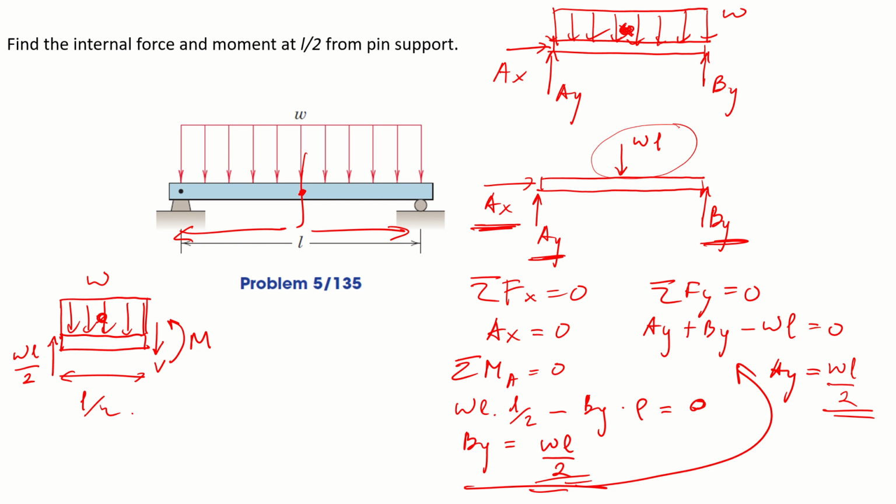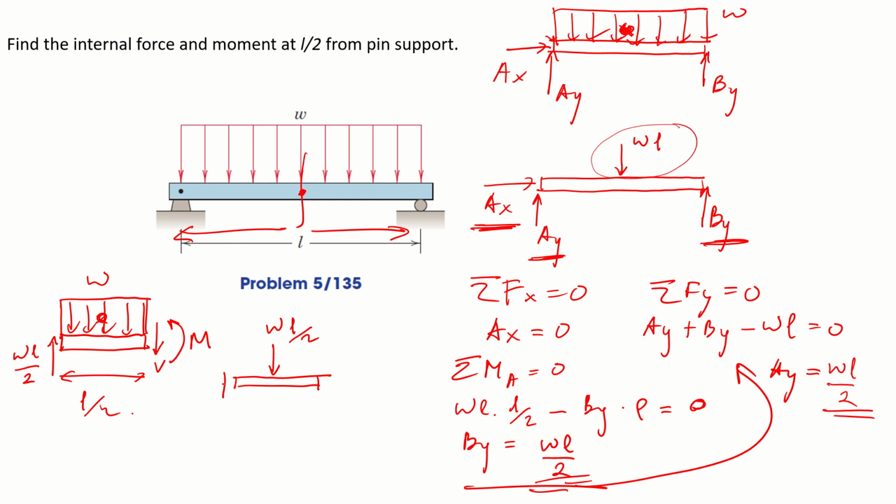But now, instead of L for the length, the length is L per 2. So now I can draw the free body diagram this way. This is the concentrated force exactly in the middle. I'm sorry, I think I drew it slightly to the left, but what I mean is exactly in the middle, at L per 4. And the value is supposed to be wL per 2.